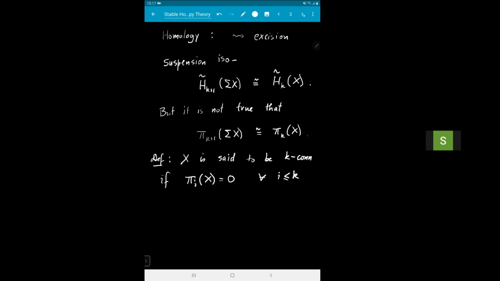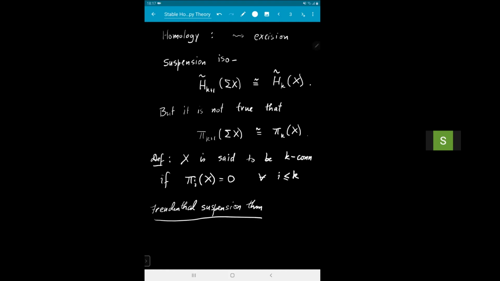So if I take S^n, that is n minus 1 connected. And then there is this theorem, the Freudenthal suspension theorem.